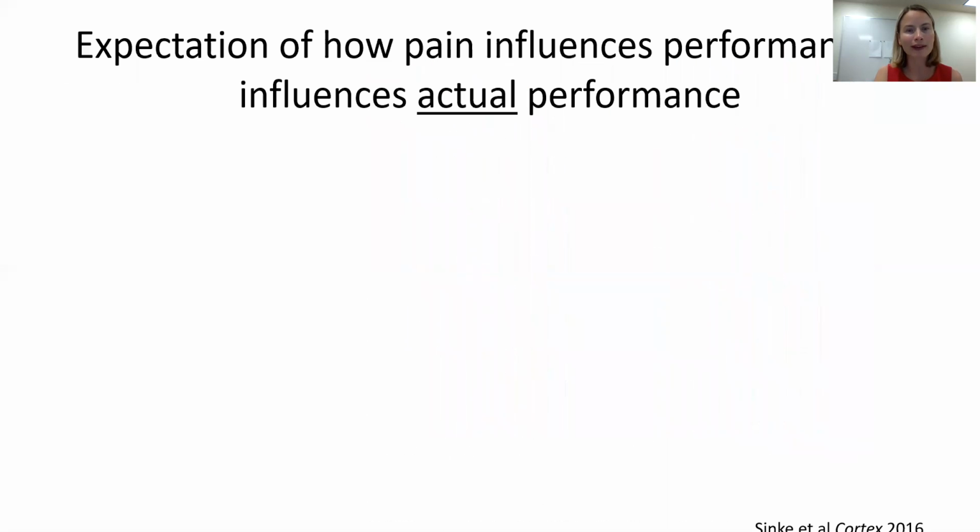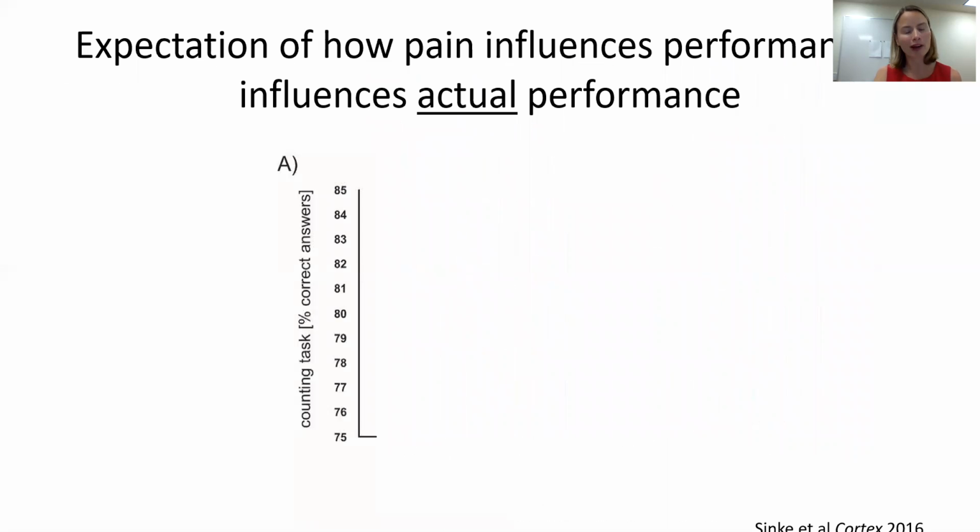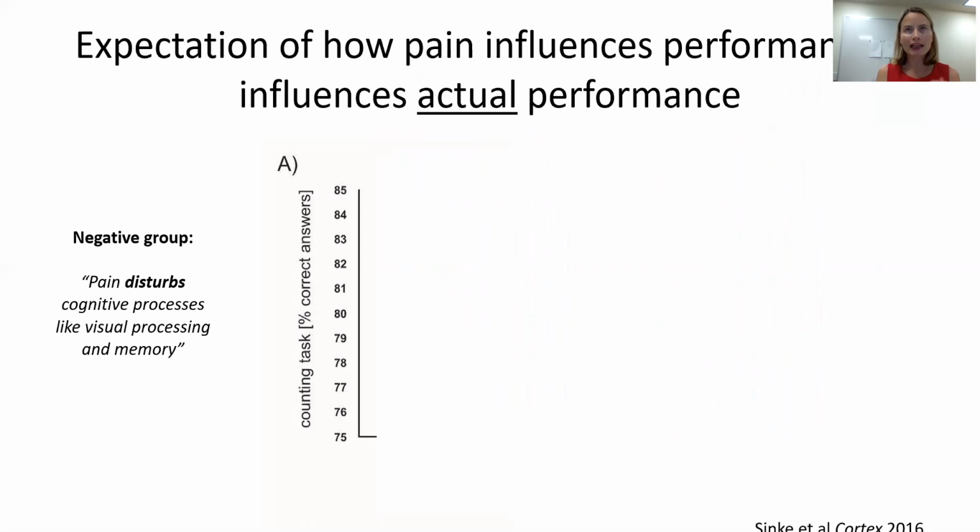Now, the first one that I want to talk about is in relation to how we frame the way that pain influences our own performance, because it really might matter. This is a study where they got people doing a counting task. And in one group, they gave them a kind of negative framing of the impact of pain. They said pain disrupts cognitive processes like visual processing and memory, clearly processes that you're going to use in the task.